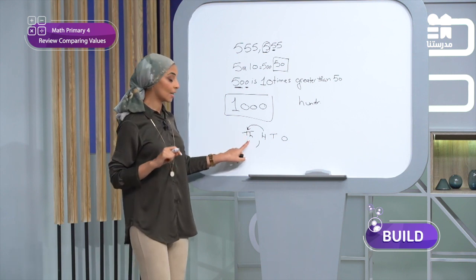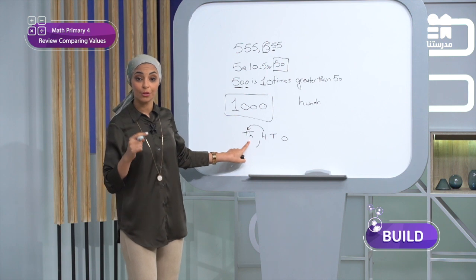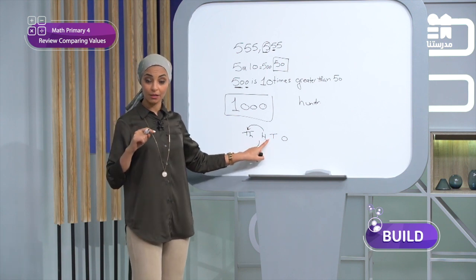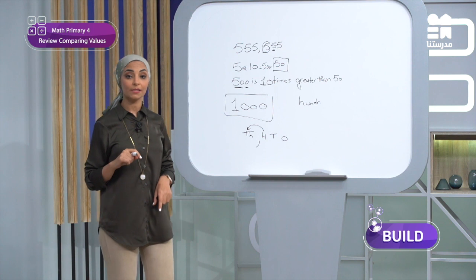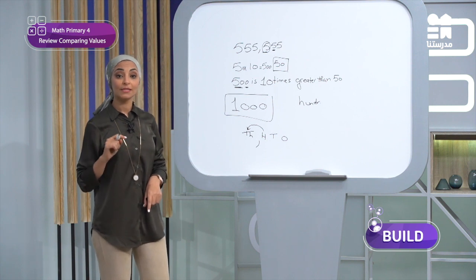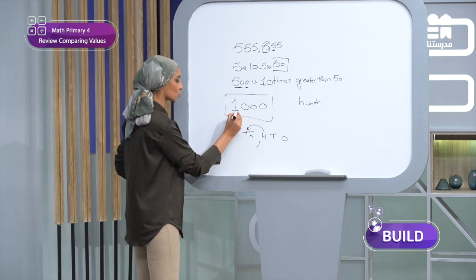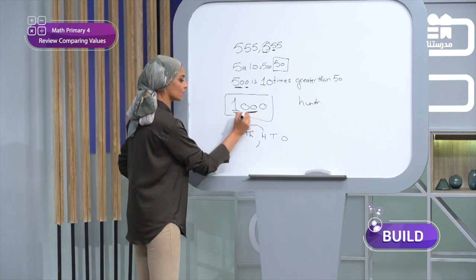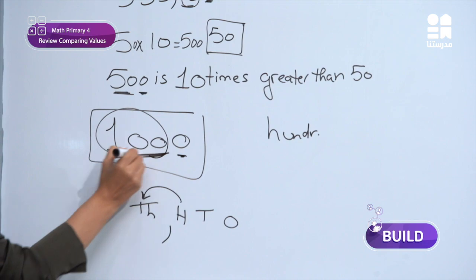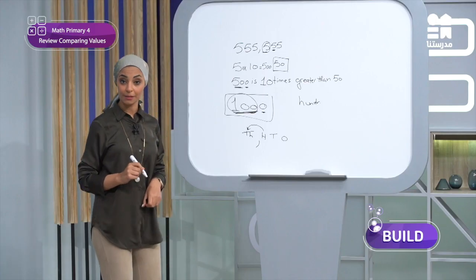So 1,000 is 10 times greater than the 100, right? So, we can say that 1,000 equals 10 times greater than 100.